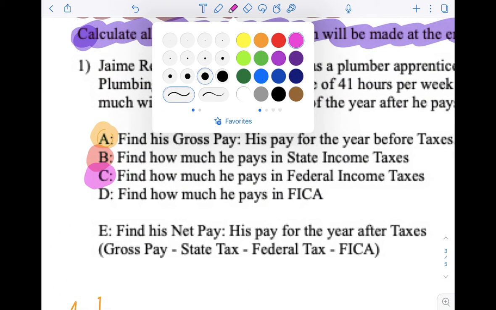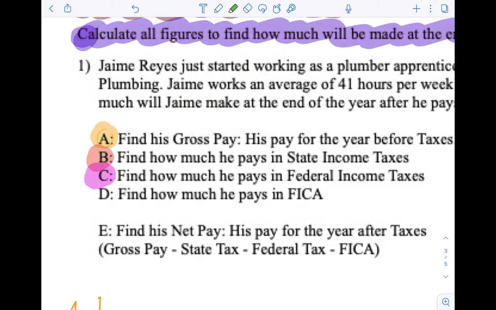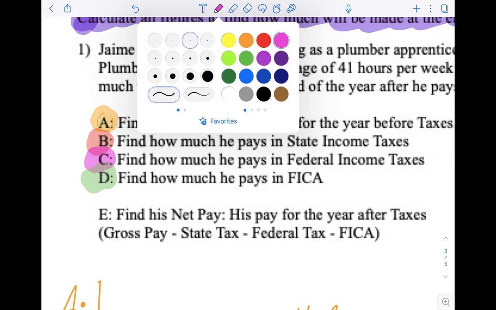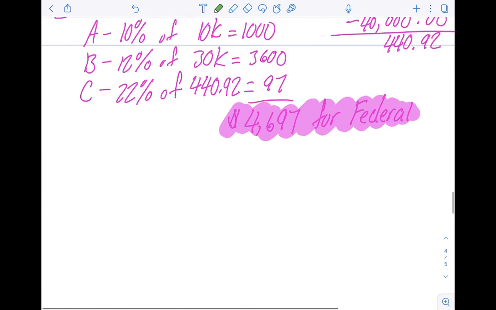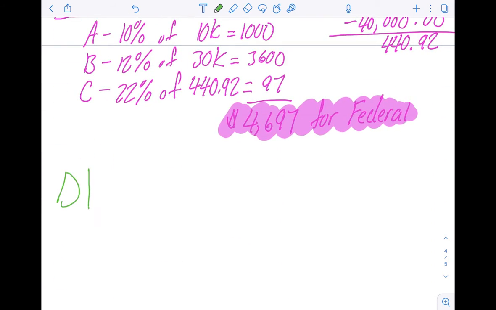Next, we're going to do FICA. Find out how much he pays in FICA. Okay. So, let me change this to green as well. So, D is FICA. Well, FICA is fairly simple.